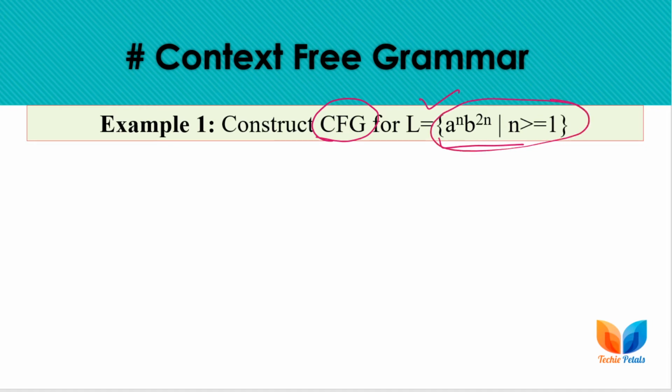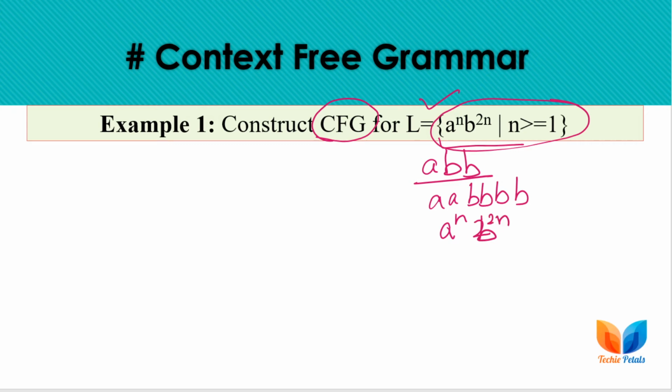The minimum string is a double b, meaning we must have double the number of b's following the a's. So we have a single a followed by double b as the minimum string, and the next string can be double a and 4 b's, and so on. For any number of a's, we have double the number of b's.